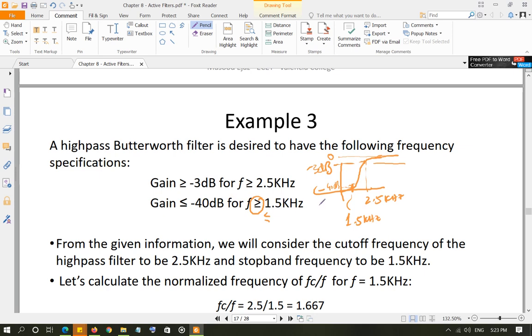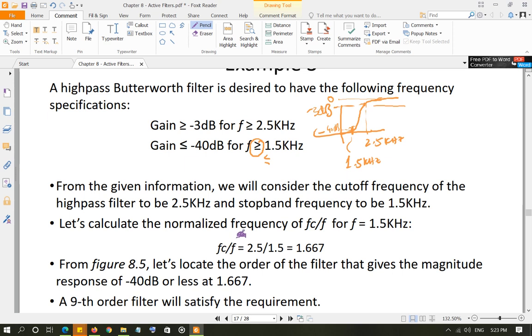Okay, so now you're going to take these two values and first calculate the normalized frequency, fc over f, because we are using a high pass filter. 2.5 is your cutoff frequency and 1.5 is your stop frequency. So you're going to get 1.667.